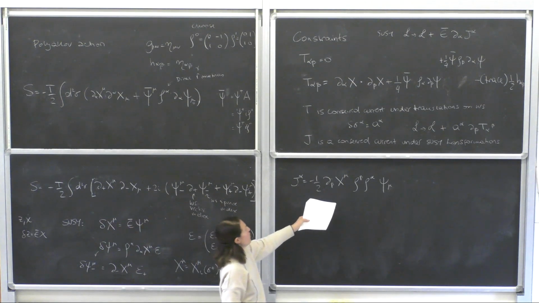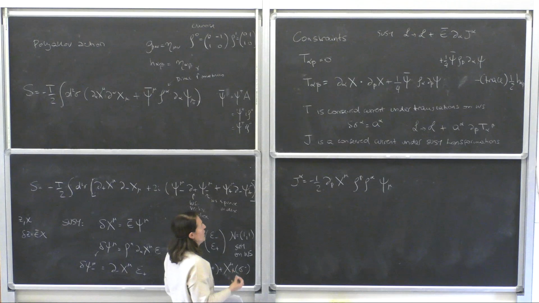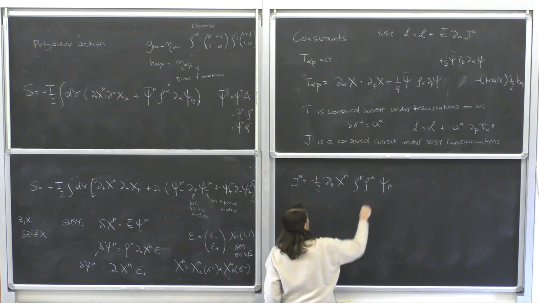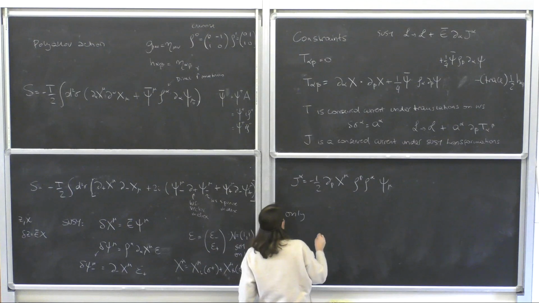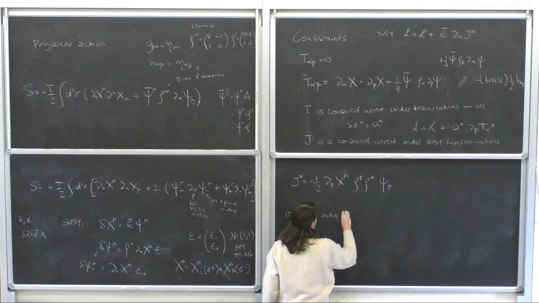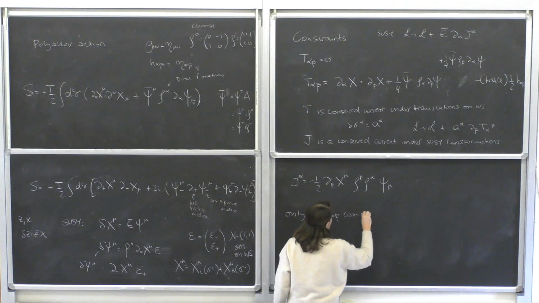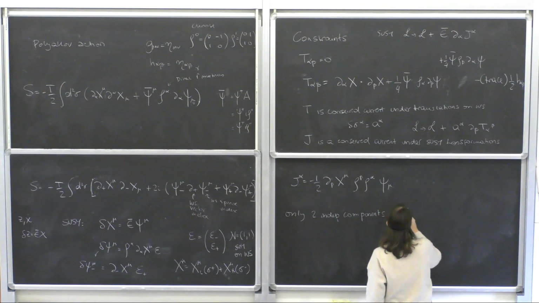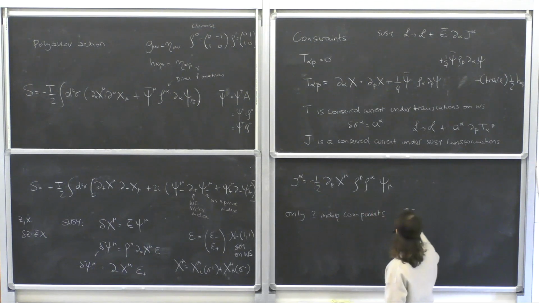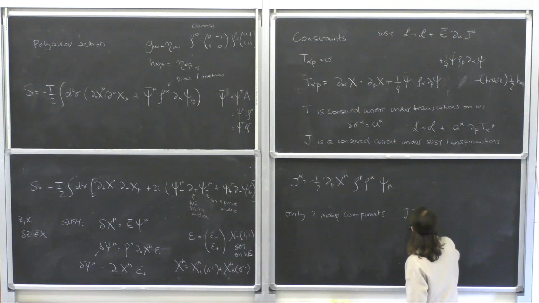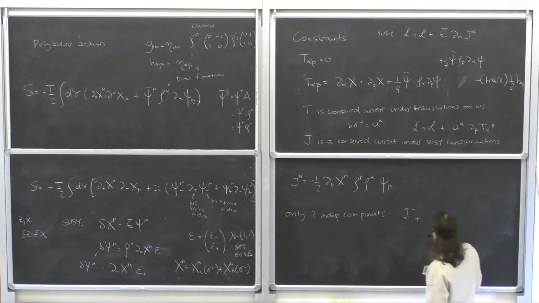So it's easy to show if you plug in the rhos that there are only two independent components of this. And you put this column spinor, only two independent components. Which are J minus, so this index alpha being a minus, and the index of the mu, so the fermionic index being a plus.